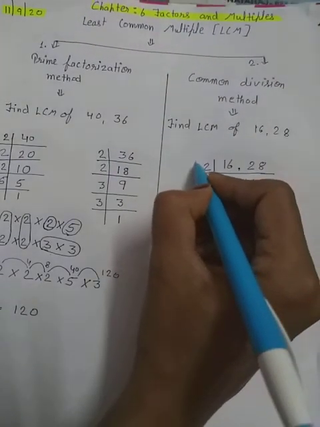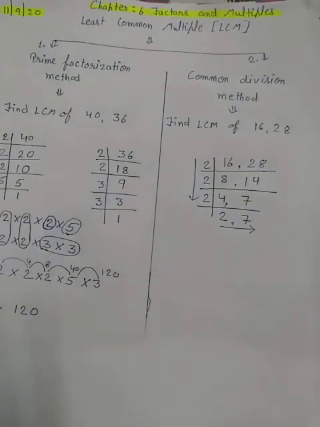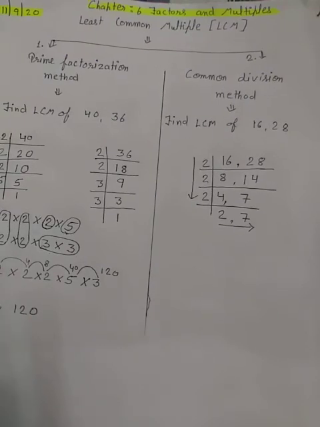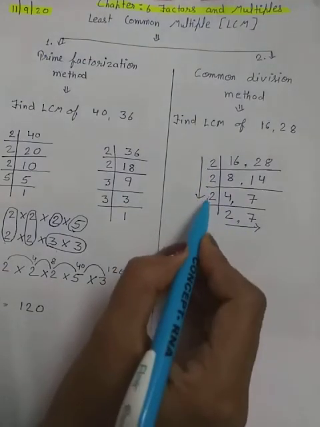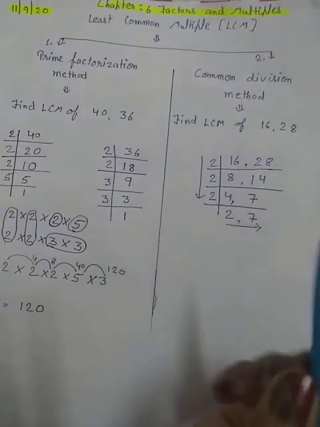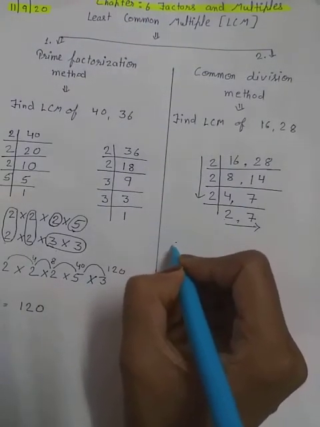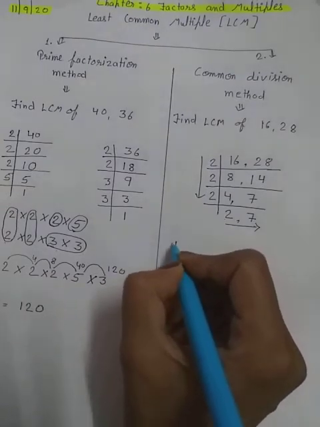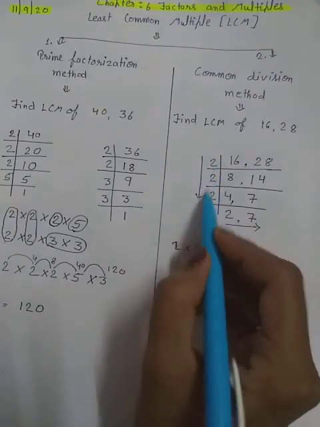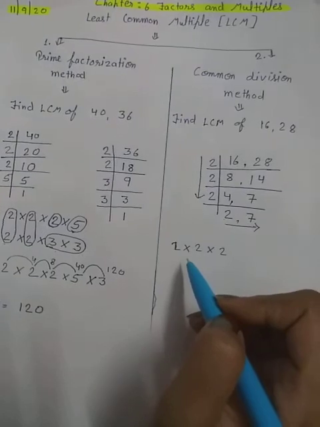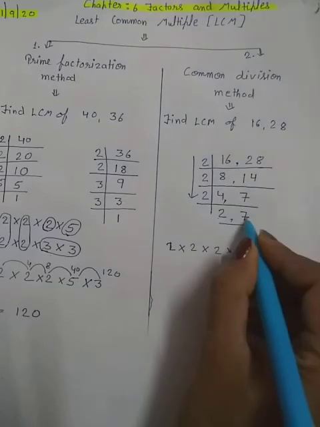These numbers, the divisors and the remaining numbers, we write as our LCM. Let's see: 2 multiply 2 multiply 2 multiply 2, then 2 and 7.